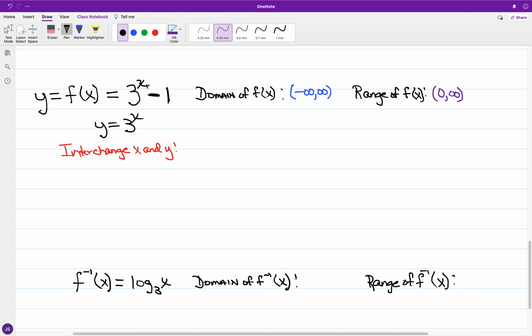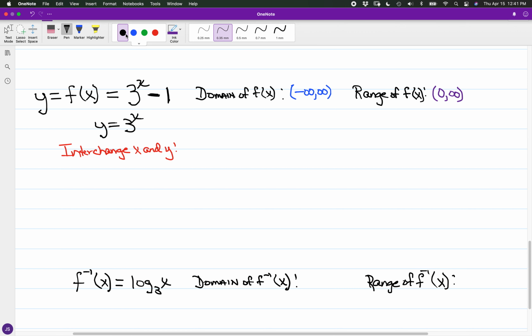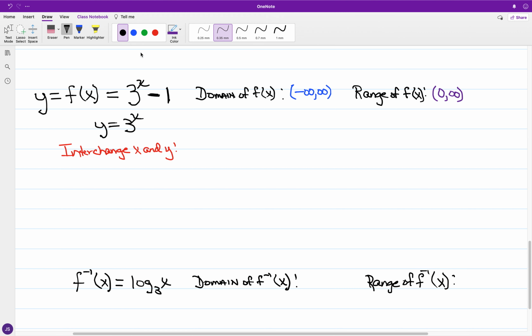Now the least that 3 to the x can be is an infinitesimal that is greater than 0. So for what is going to define y in this particular case, if you think of the smallest possible positive value minus 1, the difference is going to be just greater than 0 minus 1.